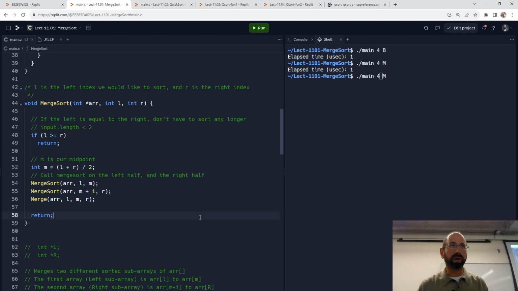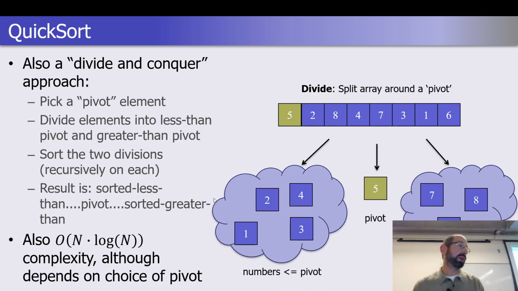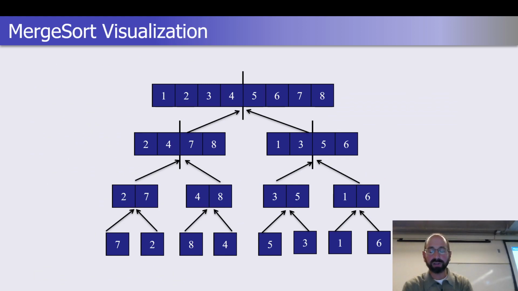Other merge sort questions. We also have quicksort, which is in some ways quite similar, but the implementation looks quite a bit different. It's also divide and conquer. It's an interesting one to study in an algorithms course because unlike merge sort, if I just go back to this picture, which is consistent in terms of what happens with it, cut it in half, cut it in half, cut it in half.